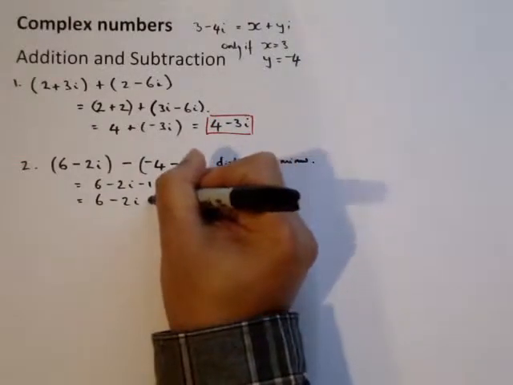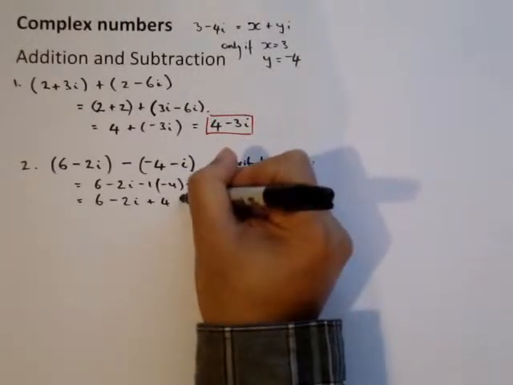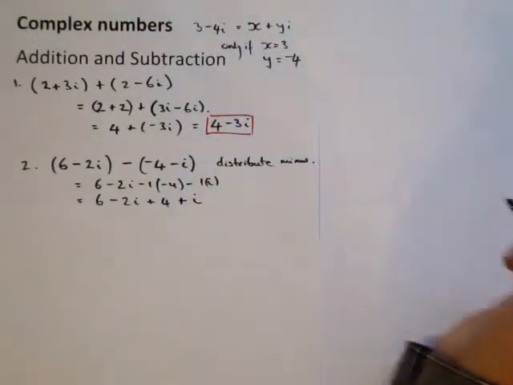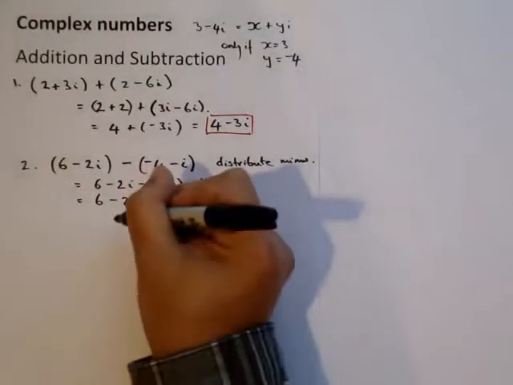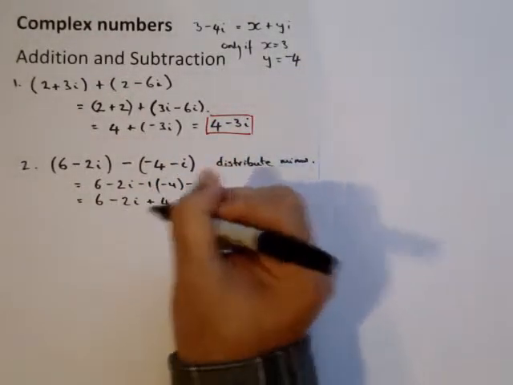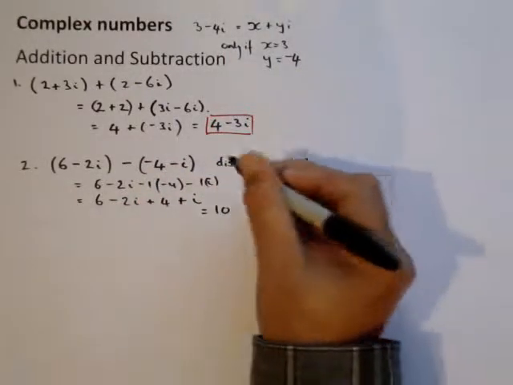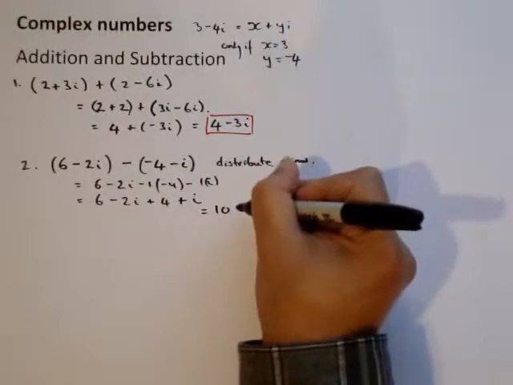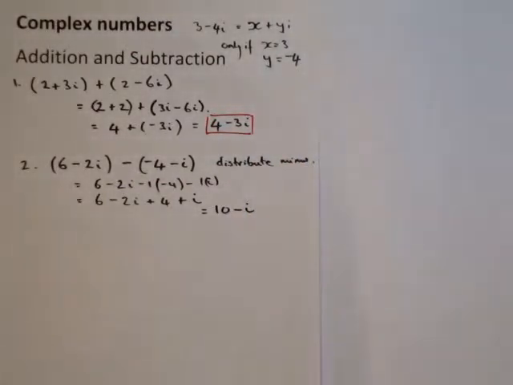When we minus the minus we get plus 4, and then we get plus i. Then when we add the 6 and the 4 we get 10, and minus 2i plus i is minus i, and that's the answer. It's 10 minus i.